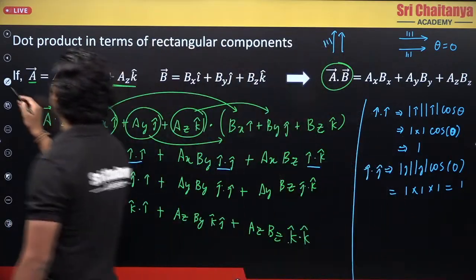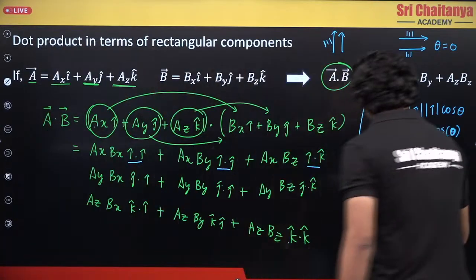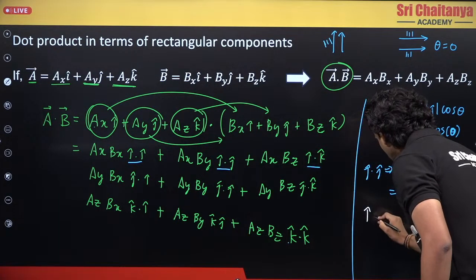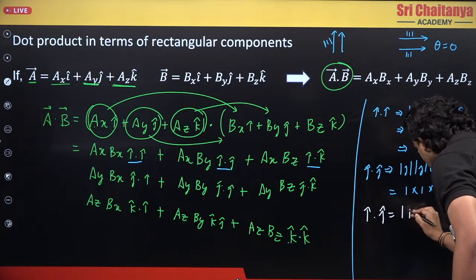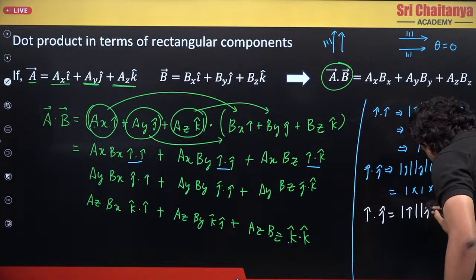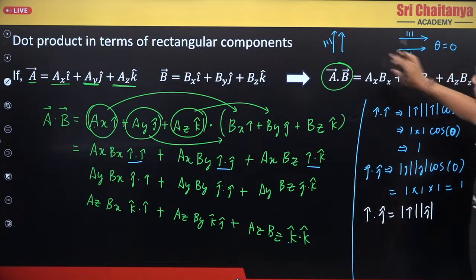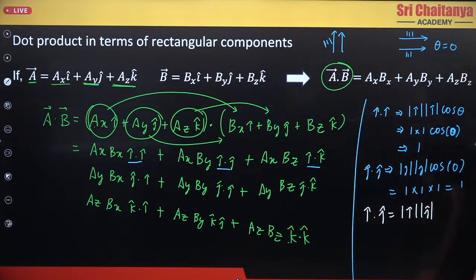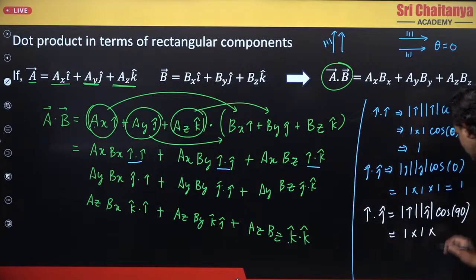But what if I multiply i with j? Basically I am finding the dot product i dot j. So what is i dot j? It is mod i, mod j, into cos of the angle between i and j. i is along the x direction, j is along the y direction, so the angle is 90. So I will say cos 90. Mod i is 1, mod j is 1, and cos 90 is 0.